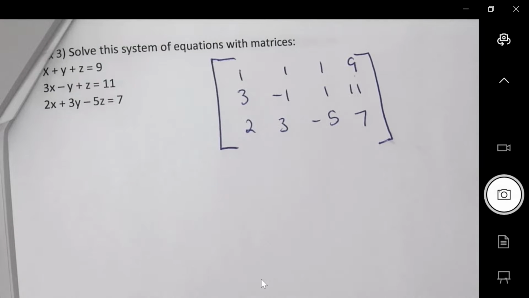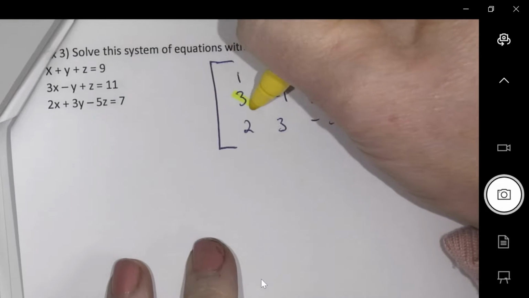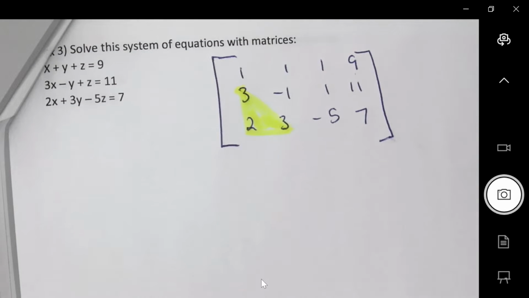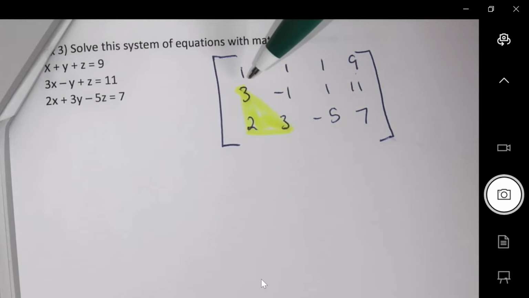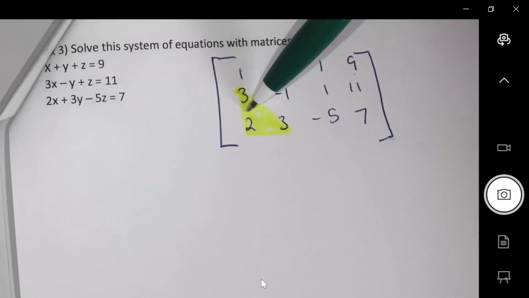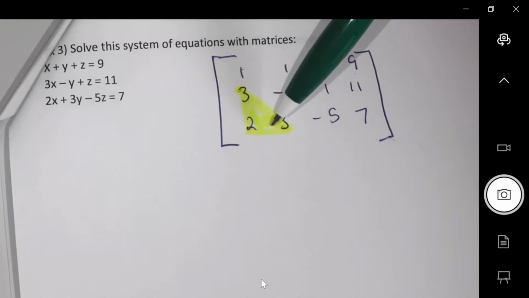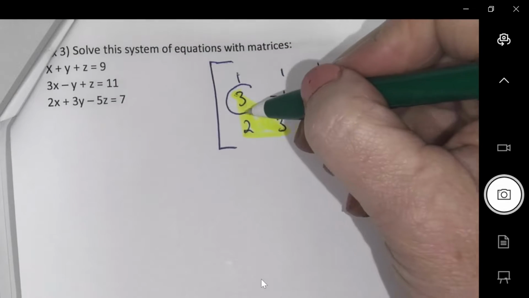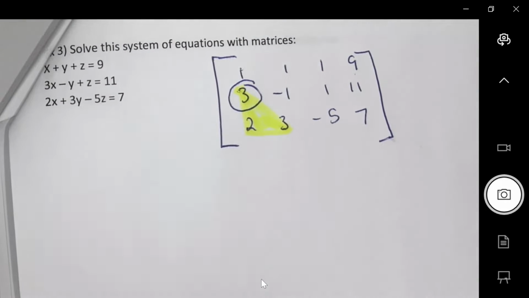Okay, my goal for this one is I need zeros on those 3, because this first row will start with an X, the second row will have no X's and start with Y's, and the third row is going to have no X's, no Y's, and start with a Z. Okay, so we're going to attack that one first.